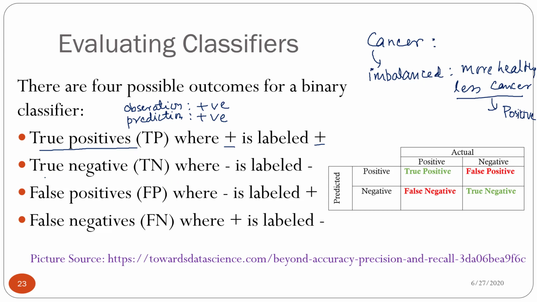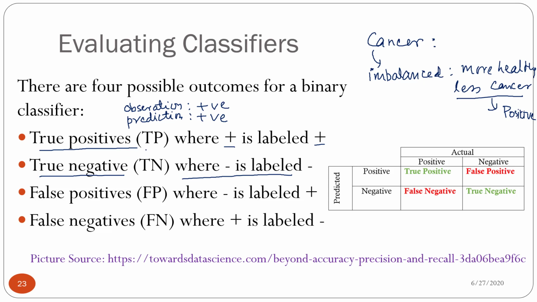So the classifier is truly identifying a negative case, that is called true negative. Reality is negative, and our classifier is also saying negative. So true positive and true negatives are good results, and these are the results in favor of the classifier. It says that the classifier is doing a good job.